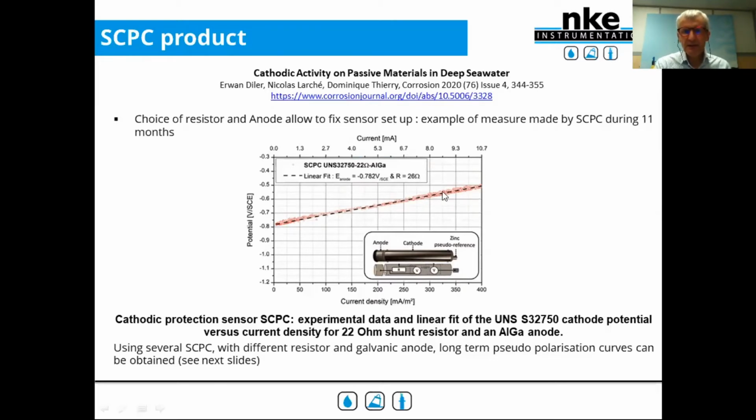They made a study during 11 months, and we see on this curve that the potential of the cathode goes down due to the protection of the resistor. So it means that using several SCPC at one depth with different resistor and different galvanic anode allows you to determine pseudo-polarization curve, as we explain in some example on the next slide. Here, in this case, it is 22 ohm and aluminum gallium for this SCPC.